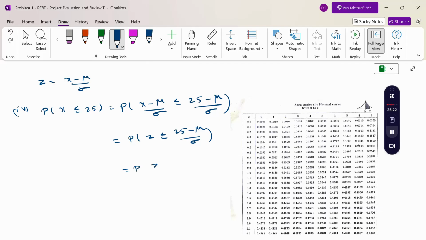Now probability z less than or equal to 25 minus mu, which is 20, by sigma.